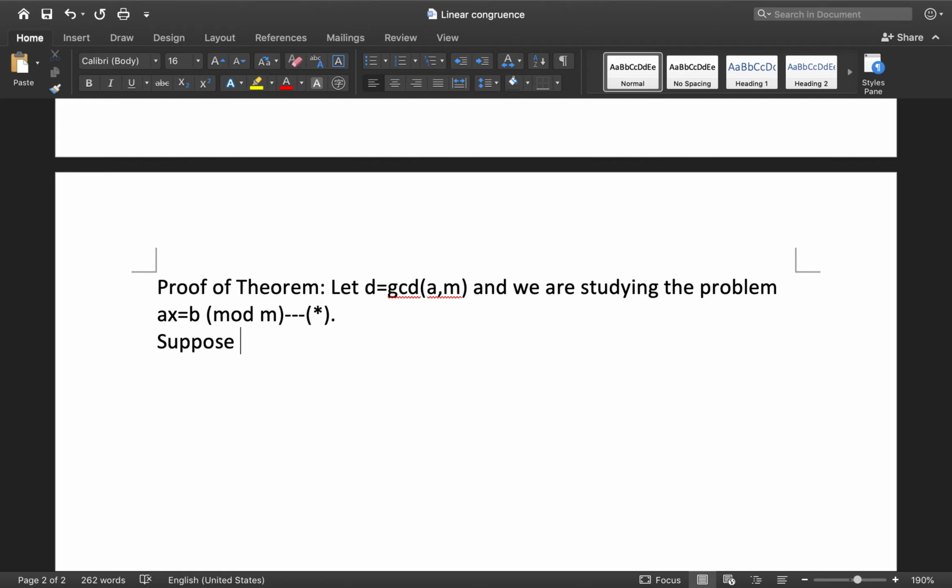Now let's just do the easy case. Suppose D is not a divisor of B. Then we argue by contradiction. That means we assume the problem has a solution.